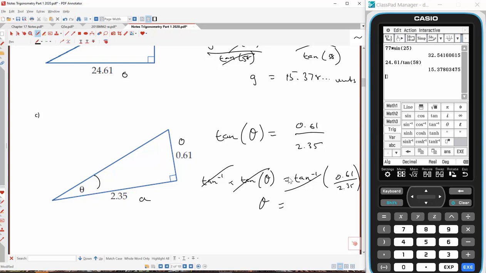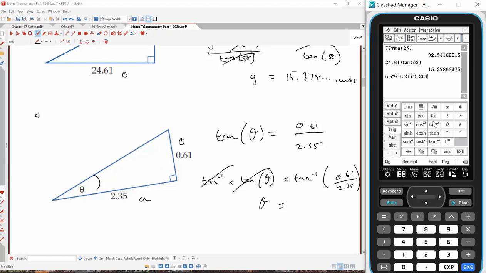So all we need to do at this point, girls, is just type in tan inverse and find the inverse of this particular trig ratio here, which gives us the angle. It's sort of like working backwards, basically. All right, so tan inverse 0.61 over 2.35.